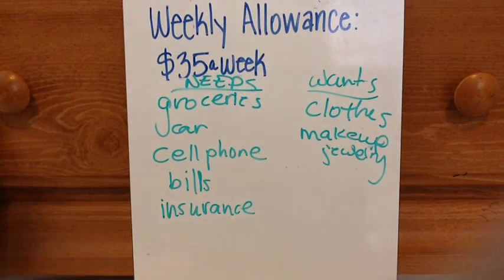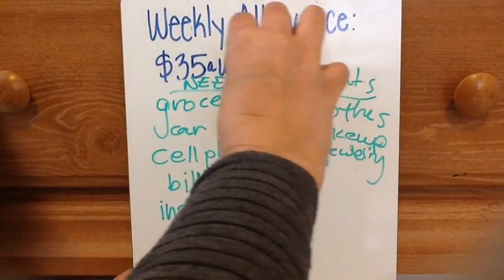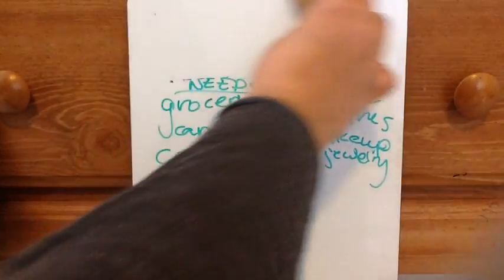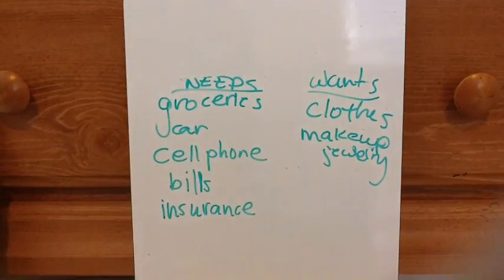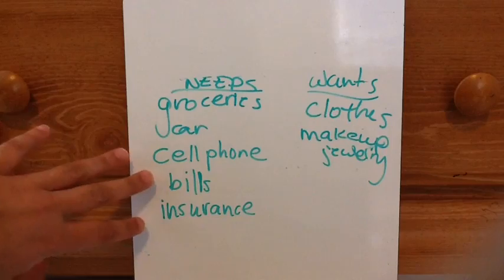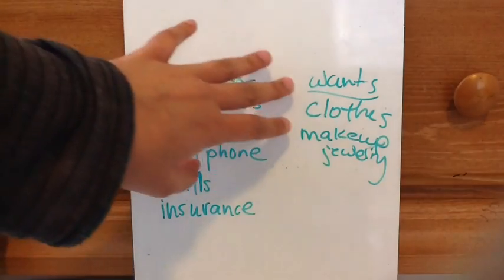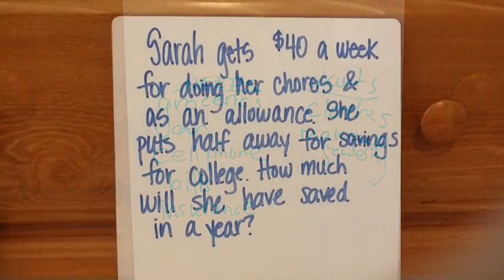So this is called budgeting your money, planning whatever money you get. I'm going to erase that $35 allowance because there's no way you could spend $35 and take care of all these things. So this is called budgeting your money. Whatever I get for my paycheck for the month, I have to put away money for this. And then I see if I want to get anything for myself.